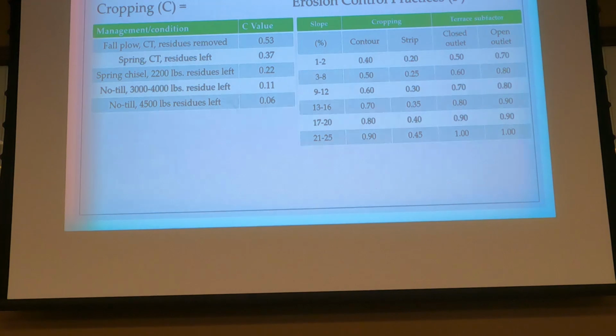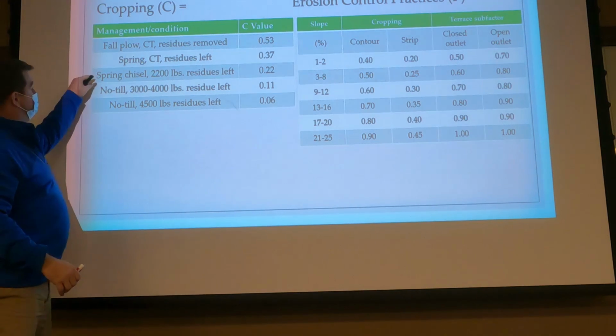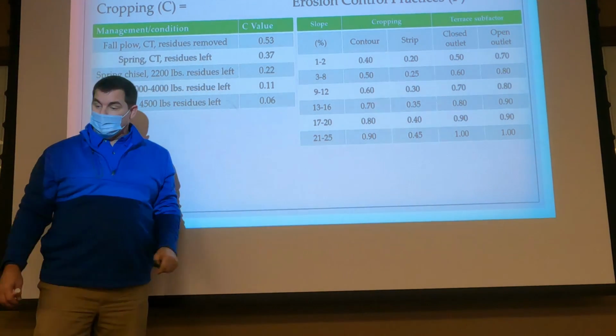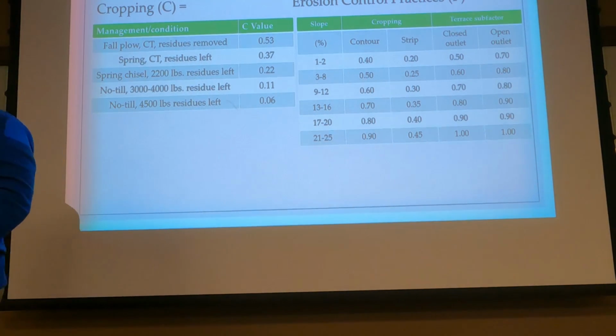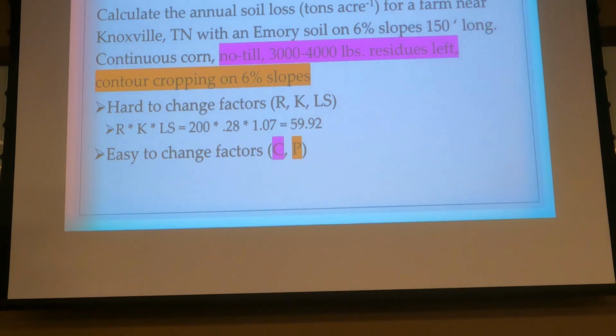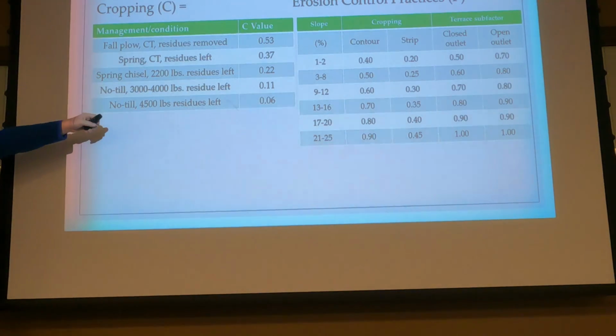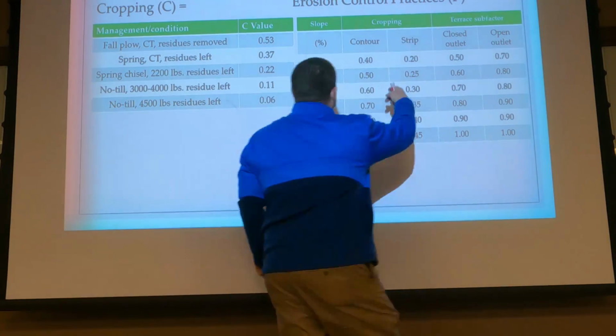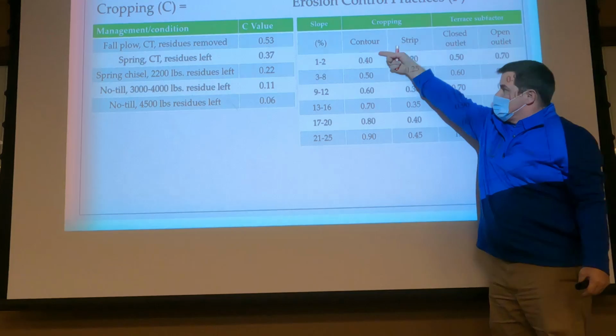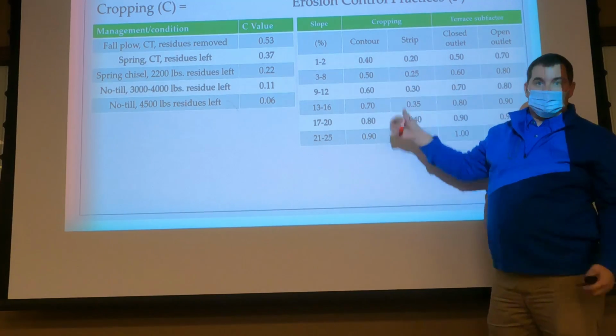Now this goes down to 0.11. Right here. And then what else did we change for that last one? Contour cropping on 6% slopes. Contour cropping, 6% slopes.